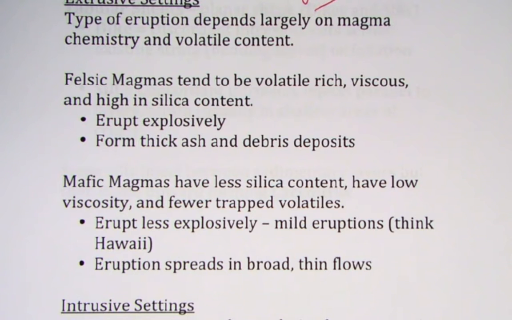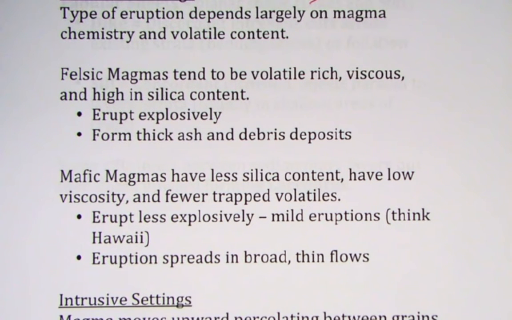They're viscous, and they have high silica content. So when they erupt, they're usually explosive, and they form thick ash deposits and ash clouds and maybe some pyroclastic debris columns coming down. When a felsic volcano erupts, you don't want to be very close. You want to be far away, observing from tens of kilometers away.